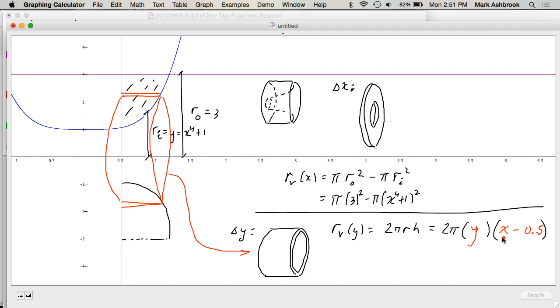So yes, this x is from the y equals x to the fourth plus 1 curve, but you don't write x to the fourth plus 1 in here. That's not the same as x. What we need is the same value as this x, but in terms of y. So how do I get that? You've got to solve that equation for x.